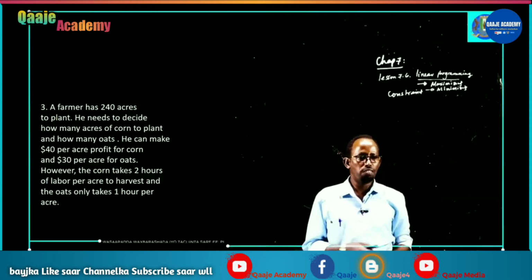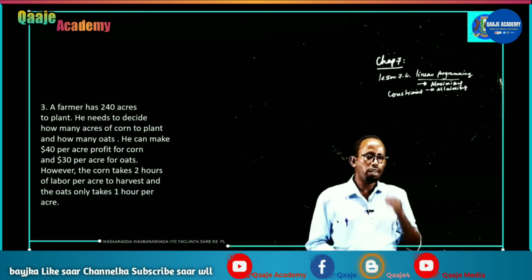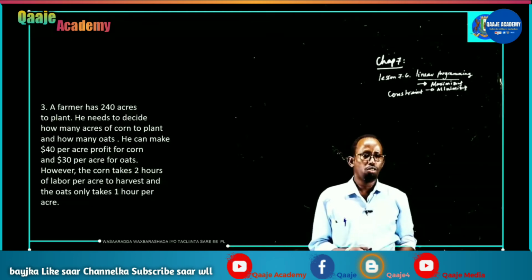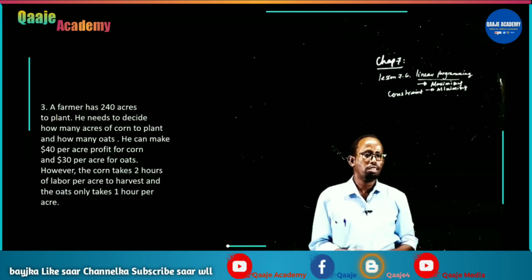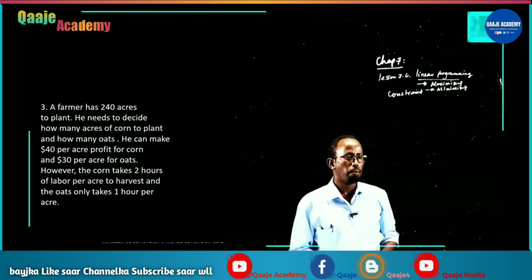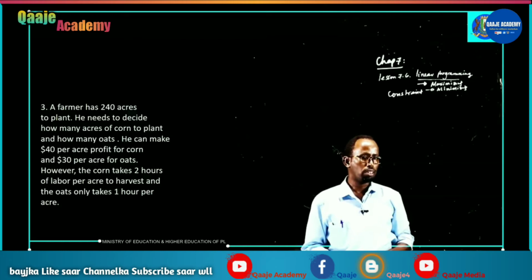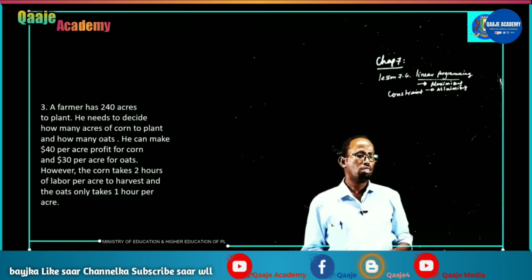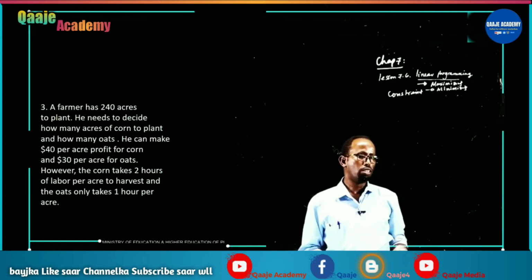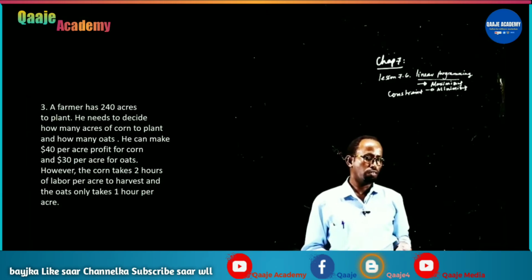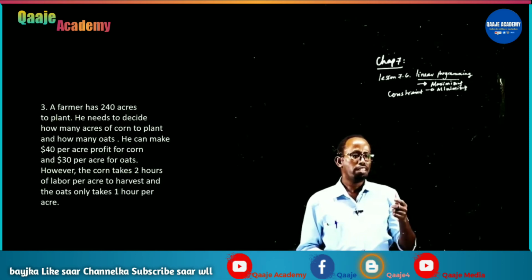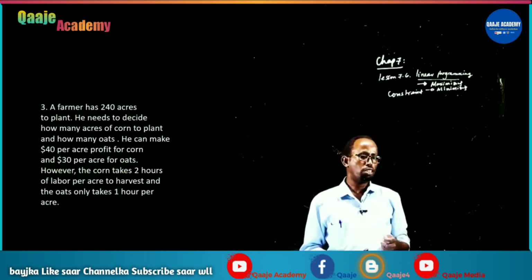Example number 3. A farmer has 240 acres to plant. The total is 240 acres. He needs to decide how many acres of corn to plant and how many oats to plant. He can make 40 per acre profit of corn.